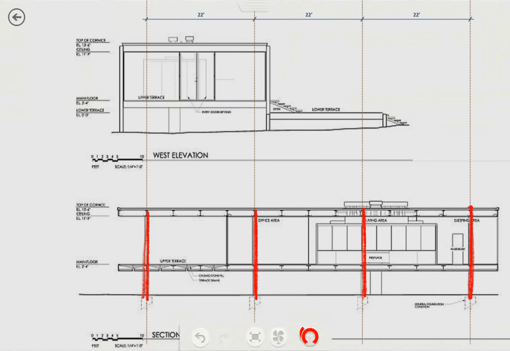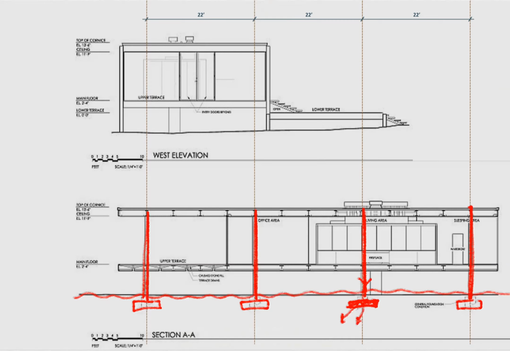Then we would need something here. We would need foundations, but we're not going to talk about this. From the structural point of view, all the loads are directed to the soil, to the ground floor. This is the line of the floor, and then we have to distribute those loads.